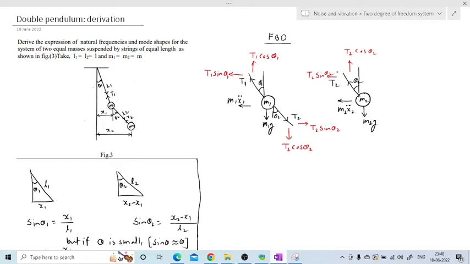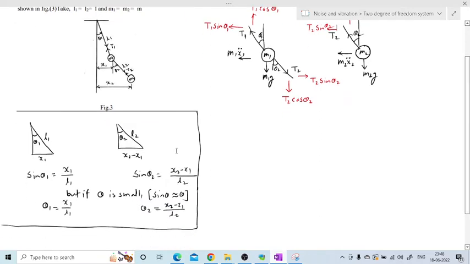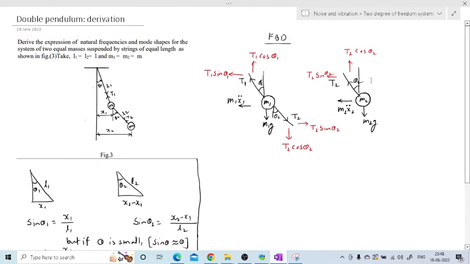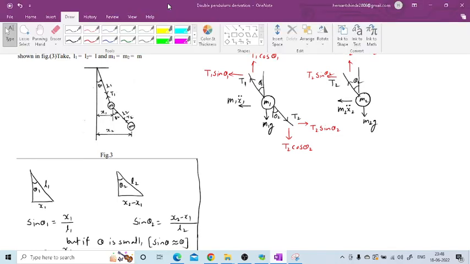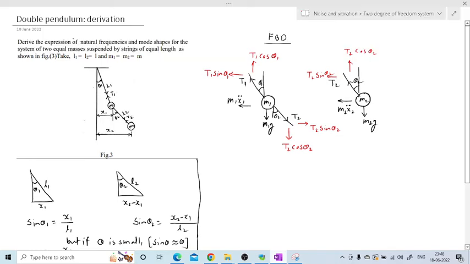Now we have the trigonometry, that is the relation between theta and x, and we have these resolved forces. Now to solve, again we will move to the FBD.